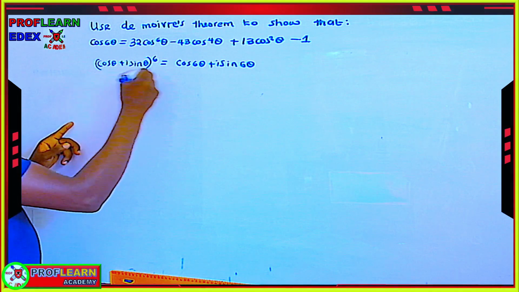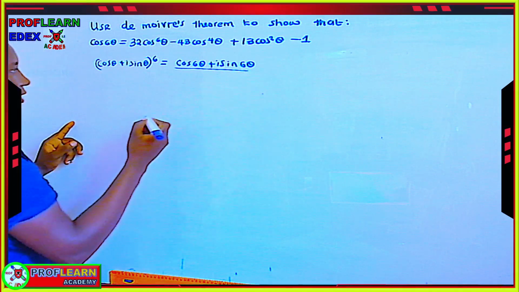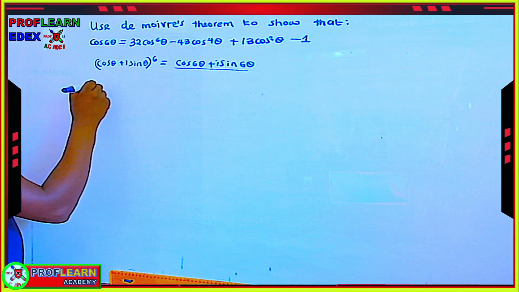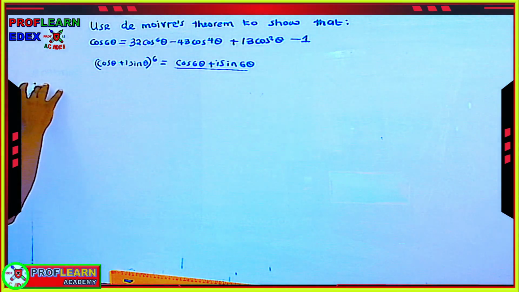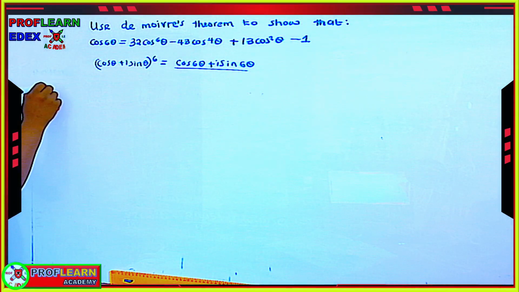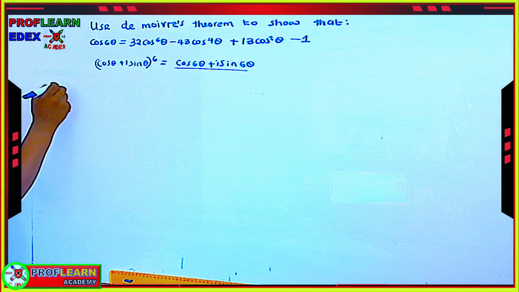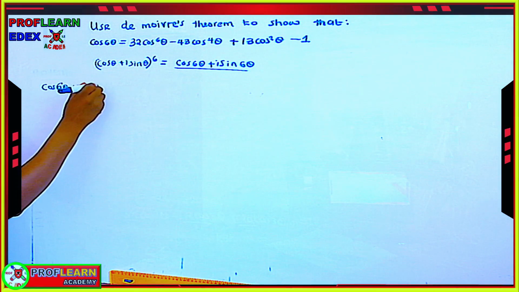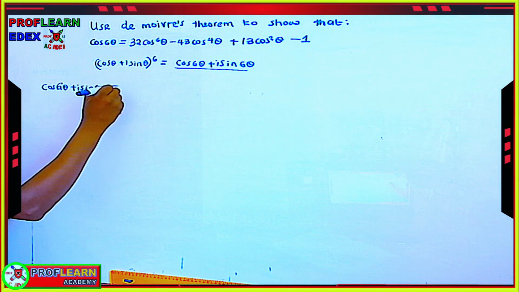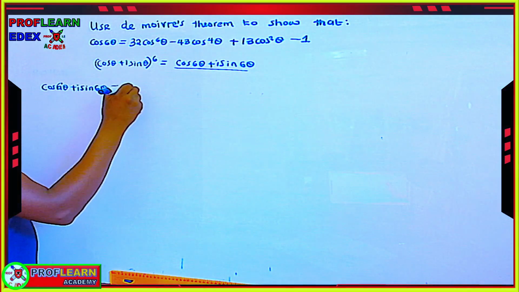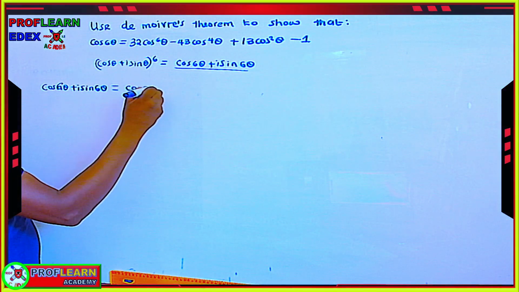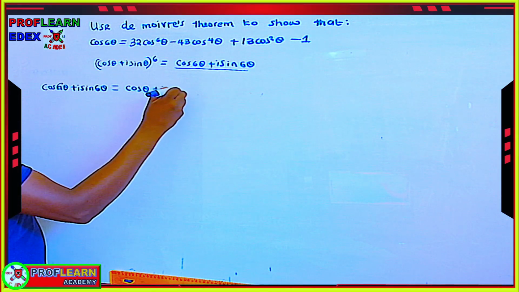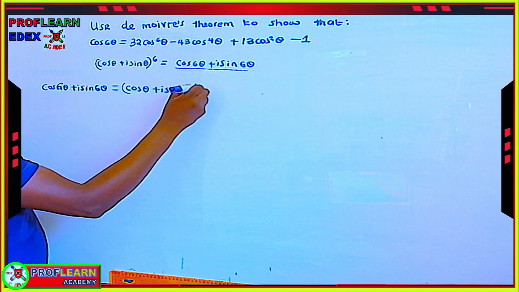So I can start by writing this right hand side. This can be written as cos 6θ + i sin 6θ, which is equal to (cos θ + i sin θ) raised to power 6.